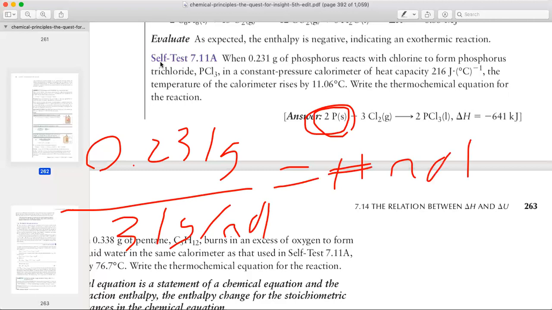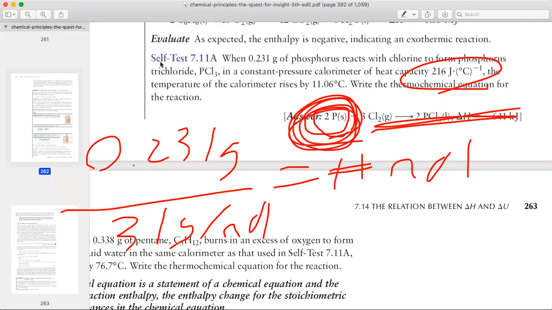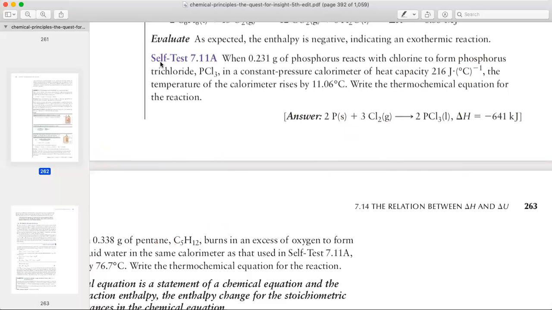Then you divide this number by the number of moles, and then you multiply all of that by 2 because you've got 2 moles of phosphorus reacting every time this reaction goes through. I know that was kind of cryptic. I was just hustling because Kaiten's going to present the full answer right now.